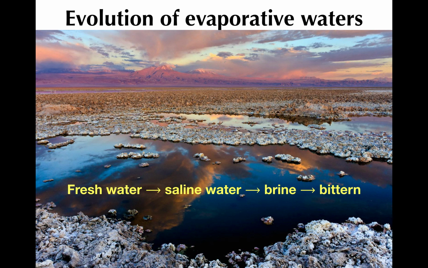Okay, as you evaporate a freshwater lake, the salts that it contains become more and more concentrated in the remaining liquid. So if you start with a freshwater lake and you evaporate the water, you will turn that freshwater lake containing low salt concentrations into a saline lake.